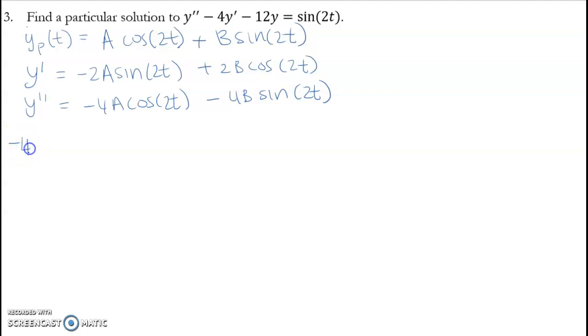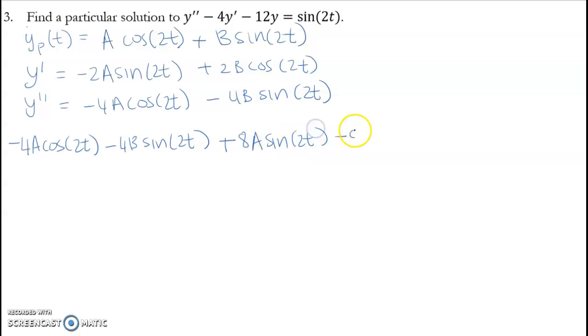It's negative 4a cosine of 2t minus 4b sine of 2t, minus 4 multiplied by y prime, which gives us plus 8a sine of 2t minus 8b cosine of 2t.